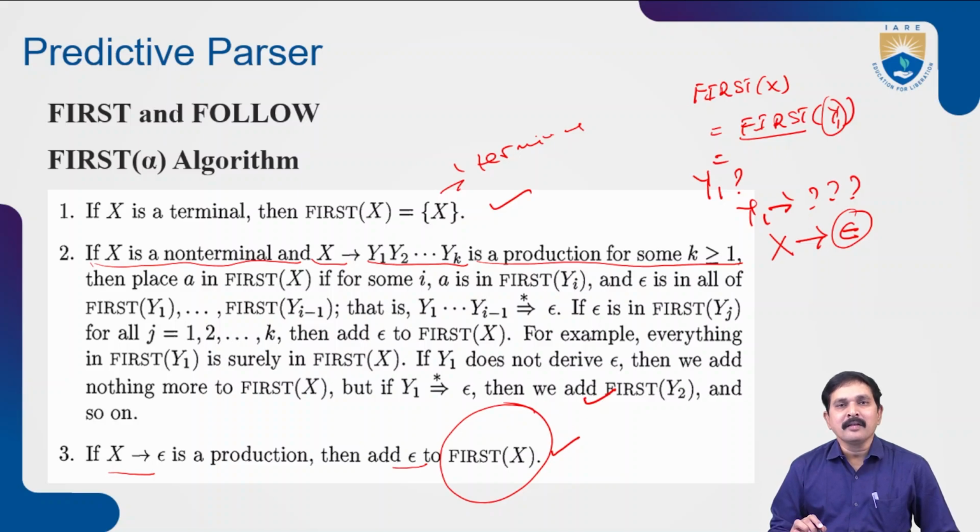If X is a non-terminal and there is a production X implies y1, y2, and so on up to yk, and y1 is a non-terminal, again you recursively call the first algorithm on y1, so first of X equals first of y1. After that, if X derives only the null symbol, then first of X equals null only. You should remember these three steps considered under the first algorithm.